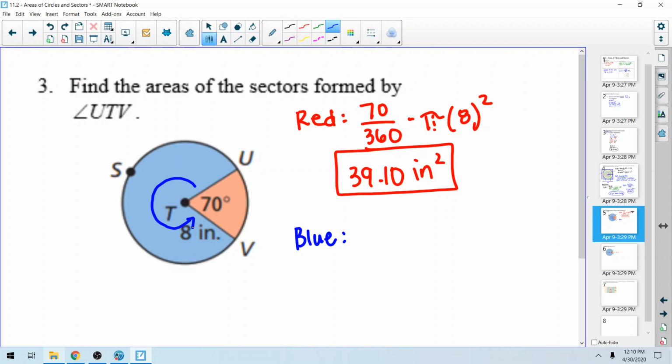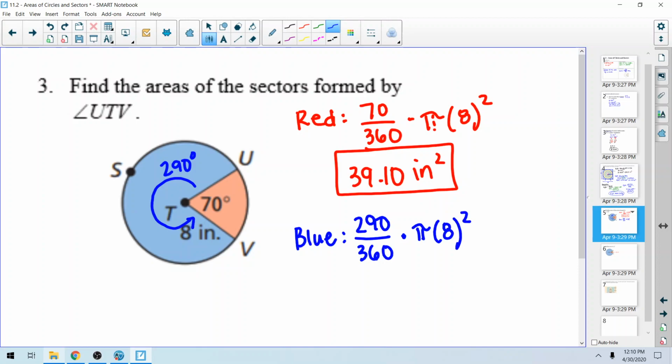And the answer is, well, the whole circle is 360, so 360 minus 70 is 290. So for the blue, we're going to take 290 over 360 and multiply by the area. So pi times radius squared.